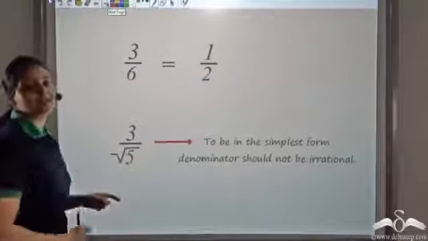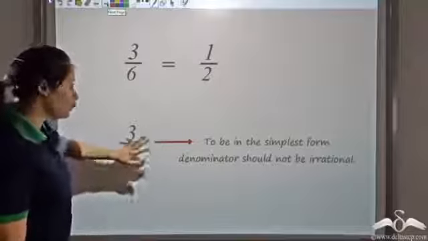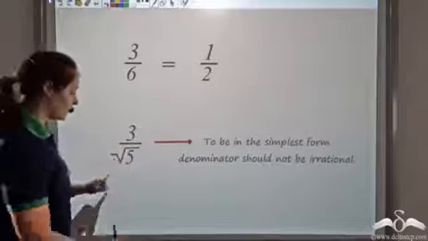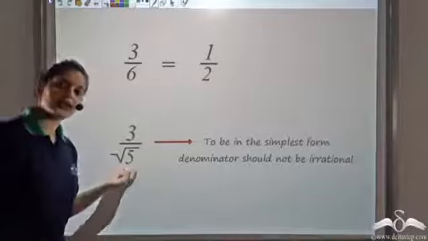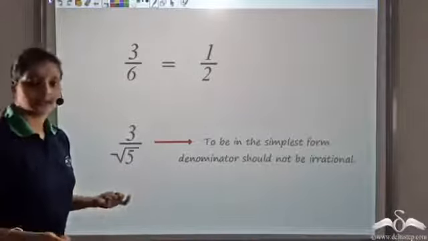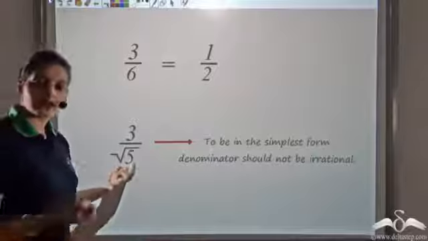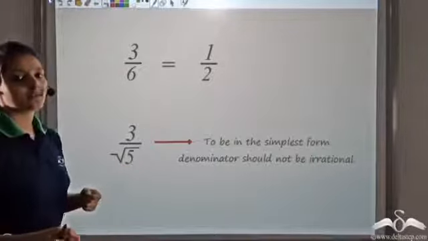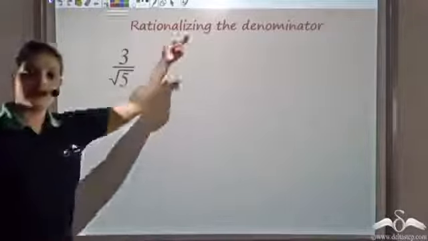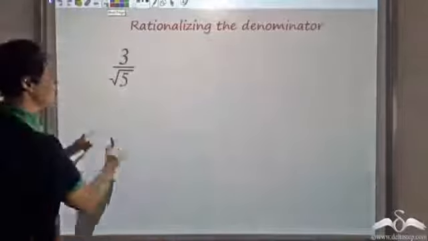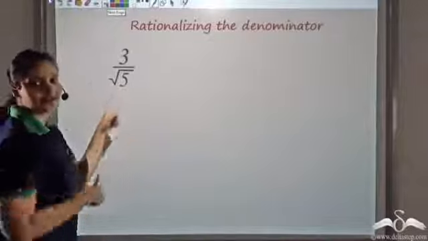That should not be an irrational number. The process of making this denominator, which is an irrational number, a rational number, is called rationalizing the denominator.